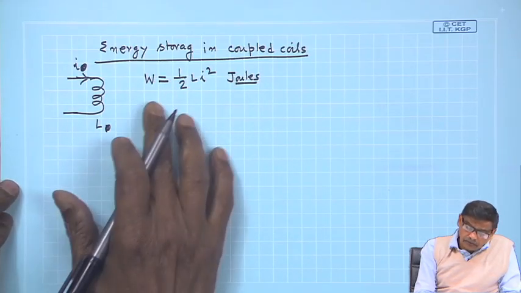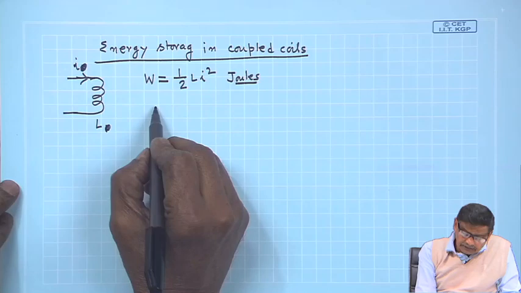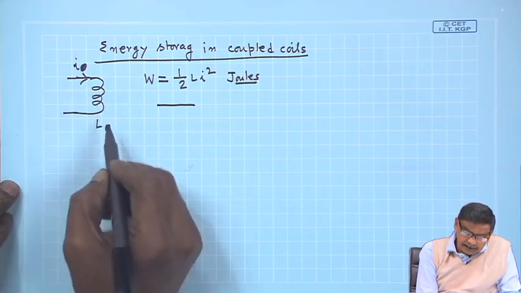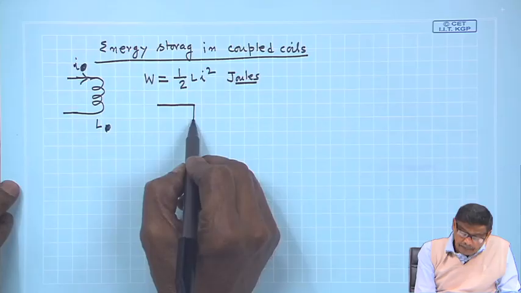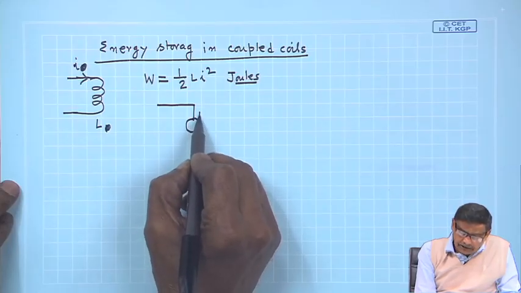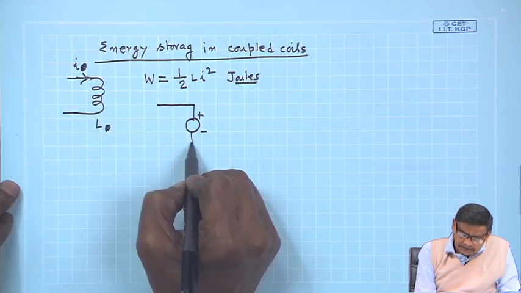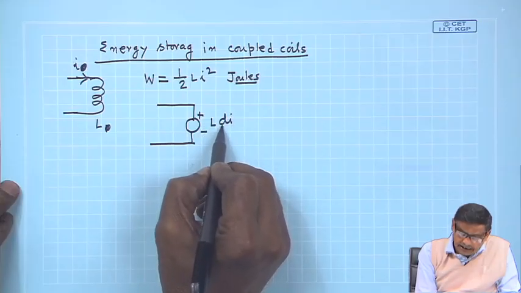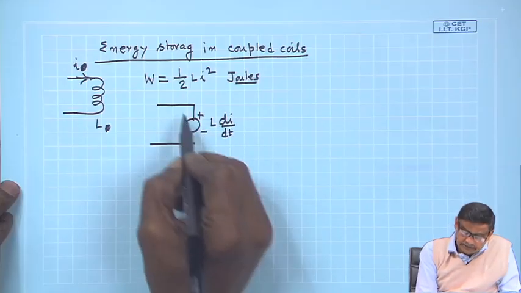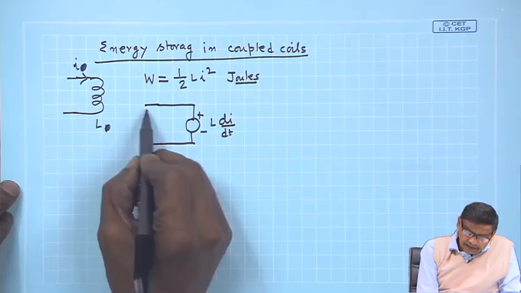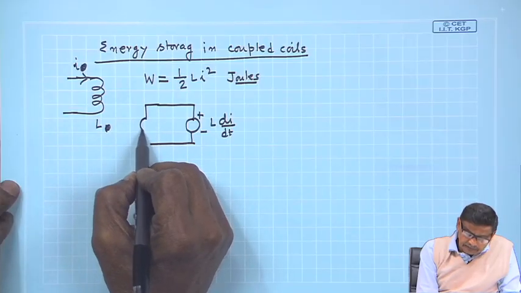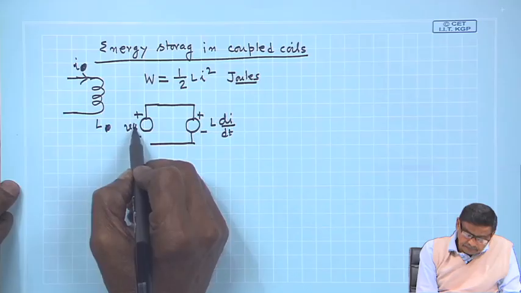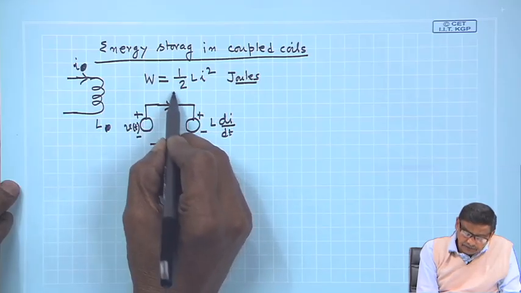And how do you get it? Very simply, it is like this. This is L, this is I. As I told you, it is better to represent this as a voltage drop in this way. L dI/dt is the voltage, and here is your supply voltage, which causes this current to flow.